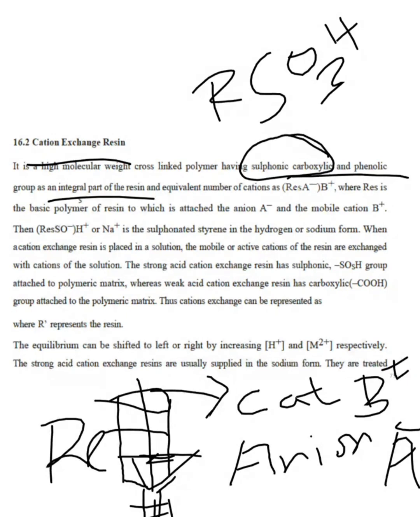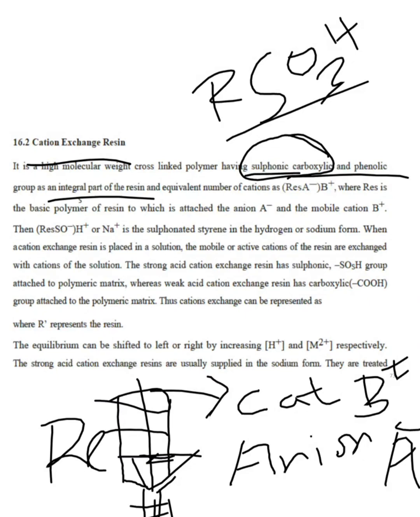So the strong acid cation exchange resin has a sulfonic group, as I told, RSO3H, a sulfonic group attached to the polymer matrix.